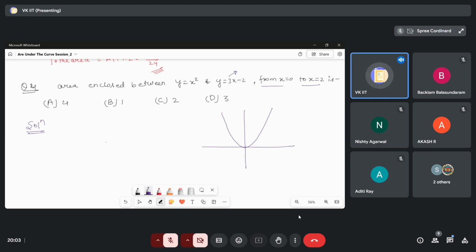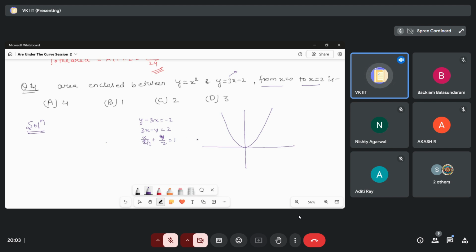Okay. And what about this line? If you write that in the double intercept format, y minus 3x is equal to minus 2, or I can say 3x minus y is equal to 2. So simply x upon 2 by 3 plus y upon minus 2 equal to 1. We have divided by 2 on both sides.